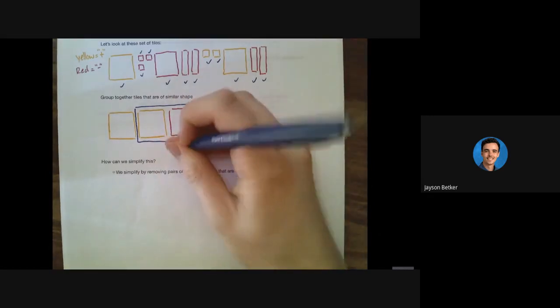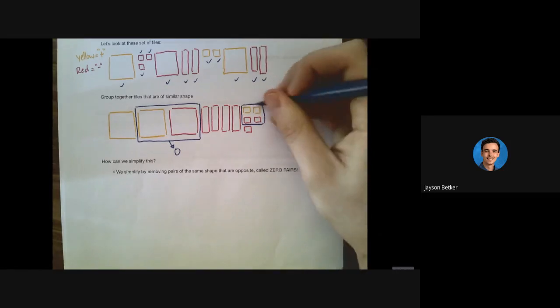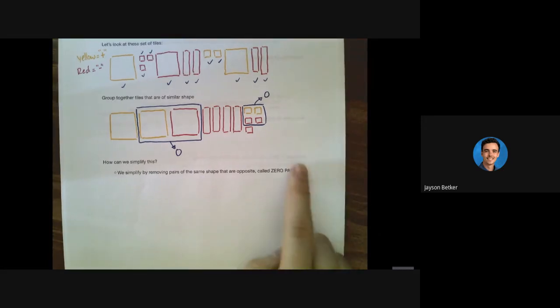So if I have a positive and a negative beside one another, those are going to cancel, right? Those are going to end up just being equal to 0. So right there, those two can cancel one another out. I see 2 positives and 2 negatives here that can also cancel each other out. So these are like terms that are opposite. We call them 0 pairs.